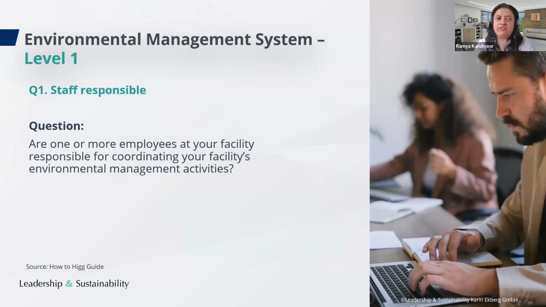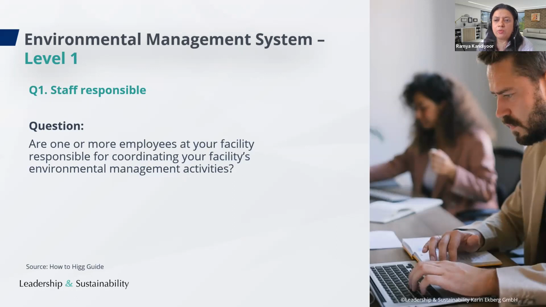So coming to the very first question here, it is on staff responsible. Are 1 or more employees at your facility responsible for conducting your facility's environmental management activities? So here you are expected to report on what is the team that you have, what is the time that they allocate for the environmental activities. Who is the person responsible for maybe water in your facility? Who is the person responsible for energy?